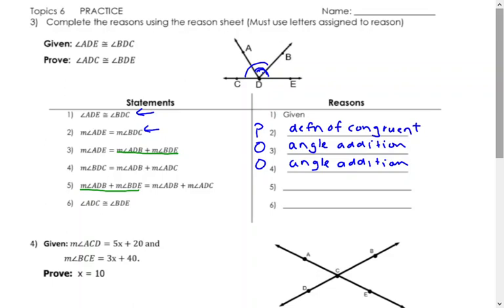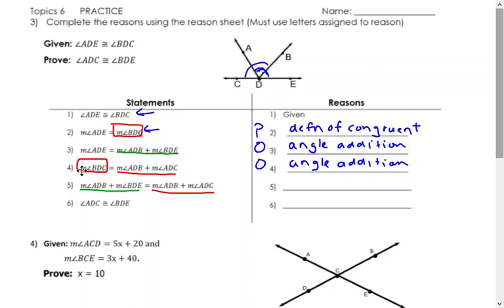Okay, and we're making that equal to ADB and ADC, which is coming from here. So the kind of confusing part is where it's coming from, or what we have underlined in red is coming from what the measure of BDC is, and we're finding that out here.